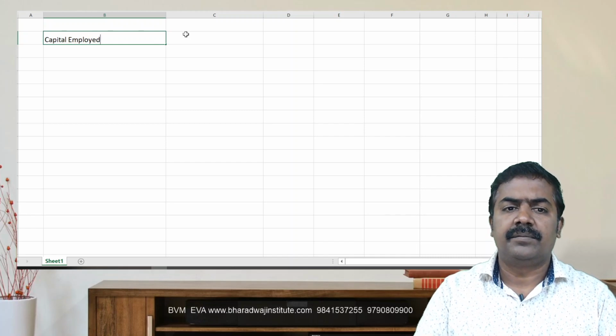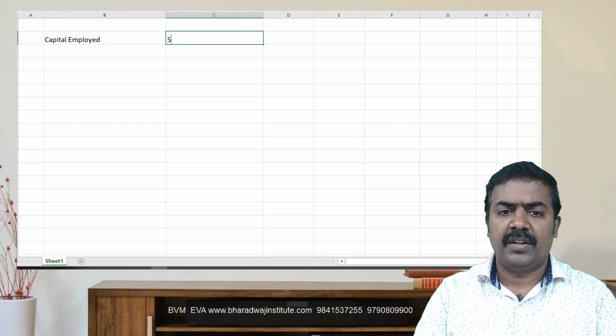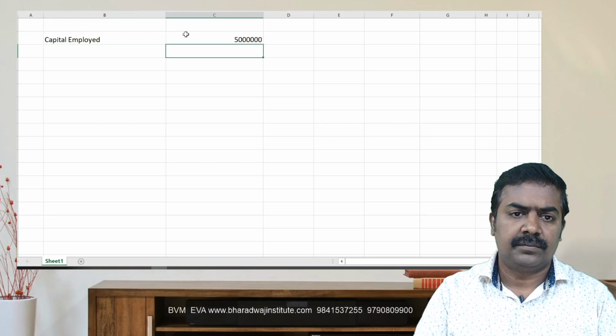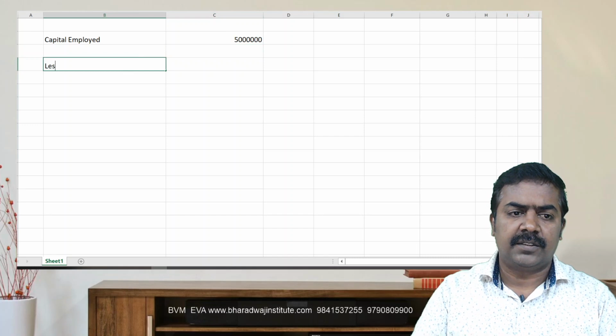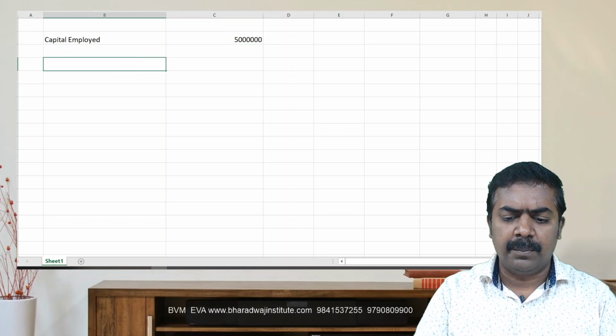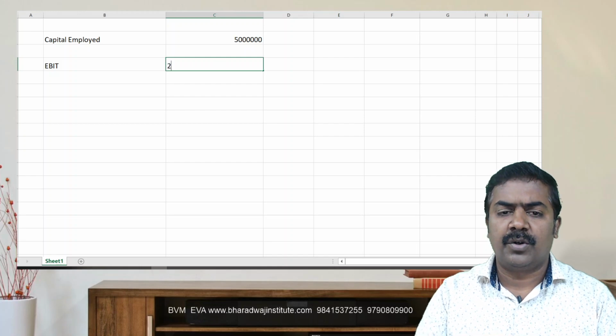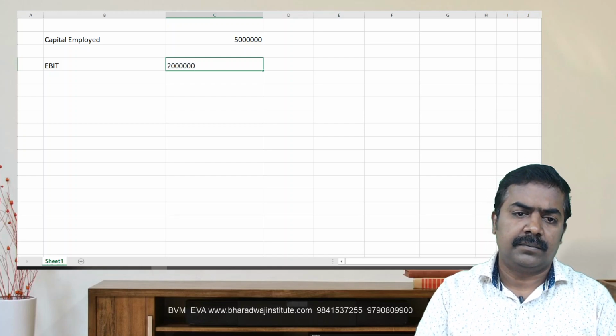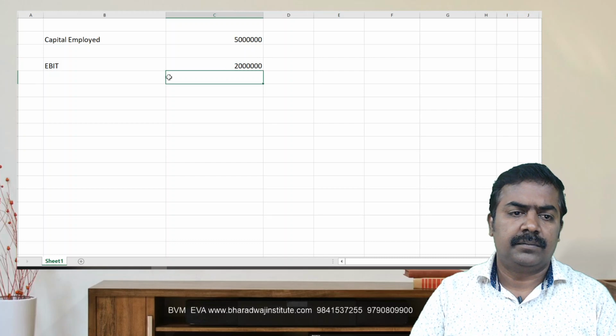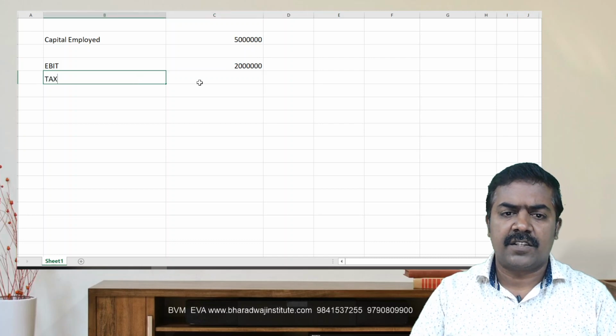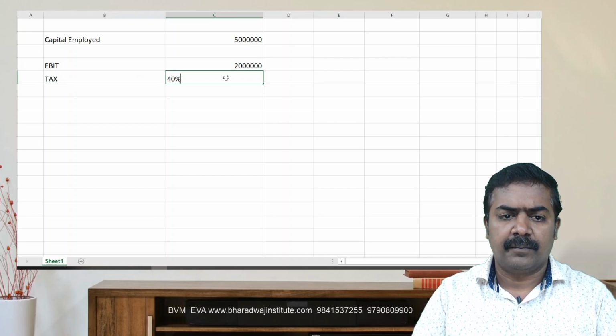Capital employed in a company is, let us assume, 50 lakhs. Let us assume the company has made an EBIT, otherwise operating profit, of let us assume 20 lakhs. It has a tax obligation of 40%.